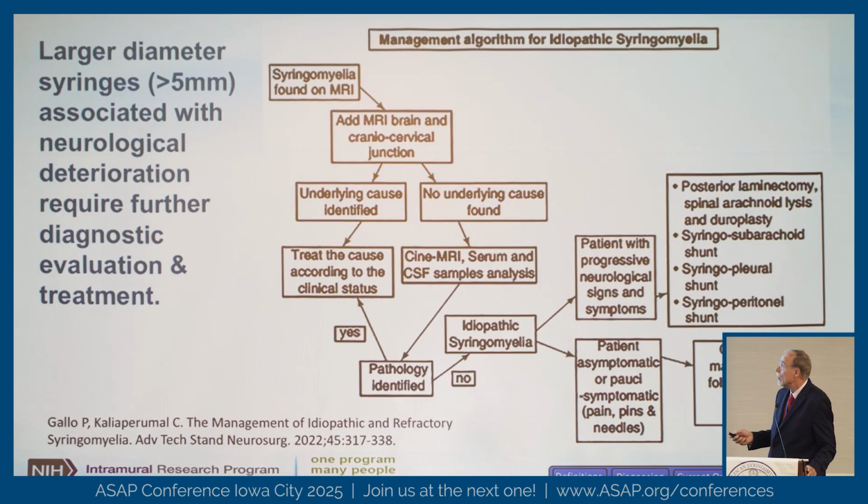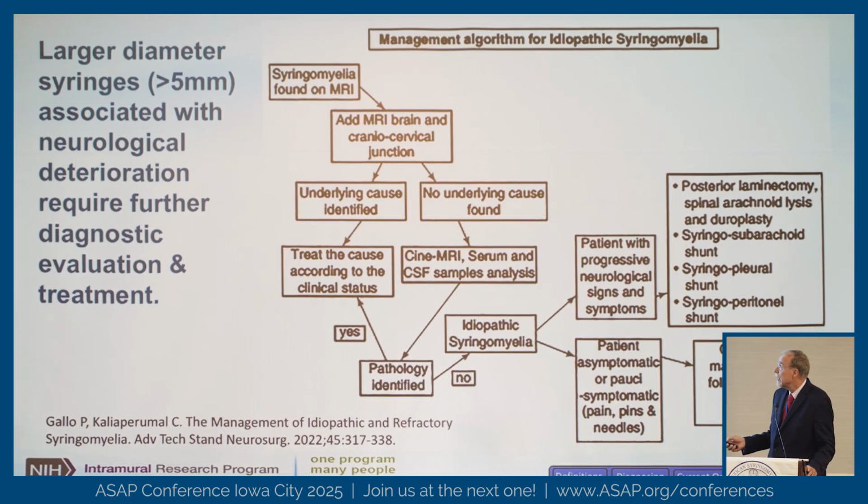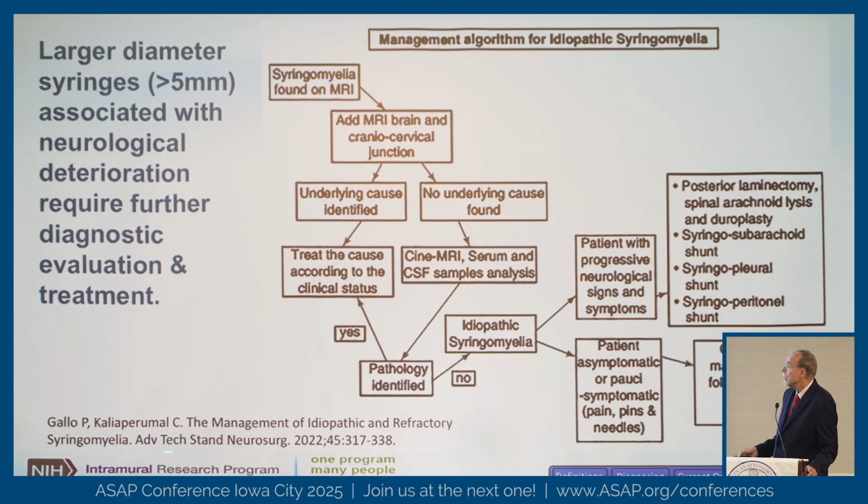However, if you have a larger diameter syrinx, which is over 5 millimeters, it's probably a problem. And so there's an algorithm for the management of idiopathic or refractory syringomyelia. Here you go.